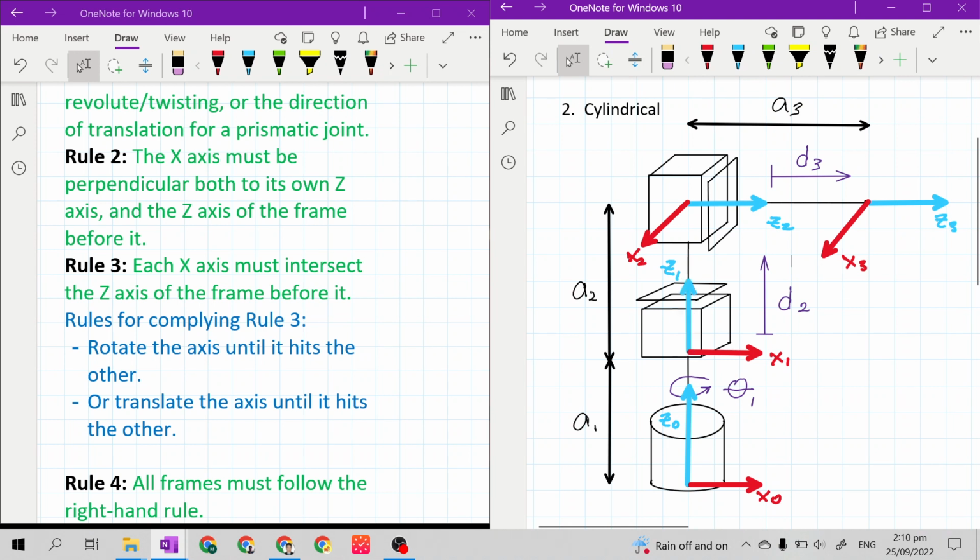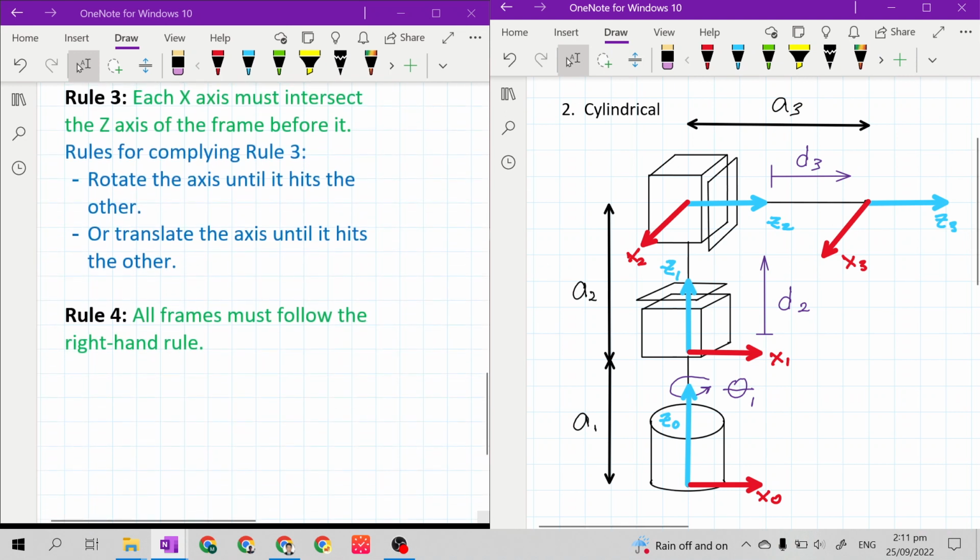So it complies with rule 3. Next is x sub 3. Z sub 2 must intersect with x sub 3 based on rule 3. If we extend z sub 2, yes, it is intersecting with x sub 3. So all our x-axes are complying with rule 3.